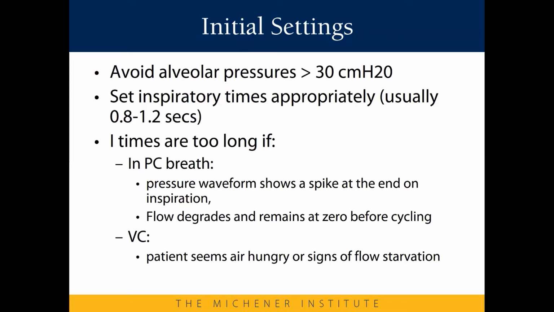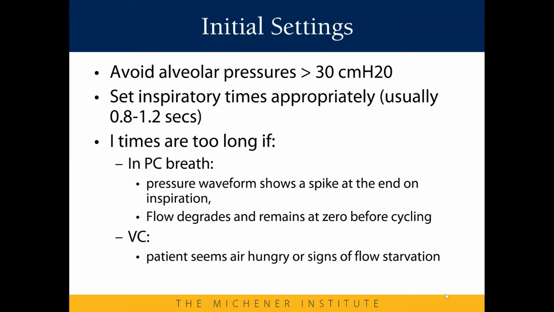And if I times are too long, you might see the pressure waveform showing a spike at the end of inspiration or your flow hitting 0 before it's cycling. And if in volume control, you may see signs of air hunger or flow starvation. And that is if your I times are too long or if your peak flow rates are too low.